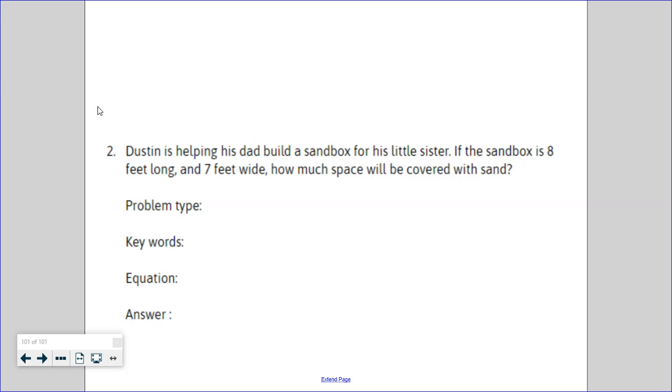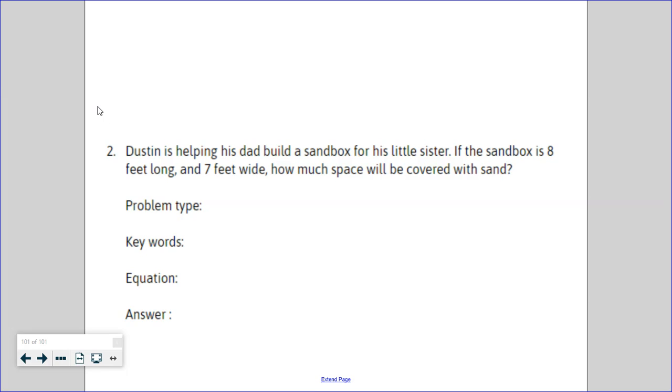And what are our hints? Well, look at the question. How much space will be covered with sand? When we're talking about space being covered, we're always talking about area. So the key words I would say is space and covered. So what equation will I use? To find area, we multiply length times width. Well, if it's 8 feet long and 7 feet wide, I would do 8 times 7. 8 times 7 will give me the area.